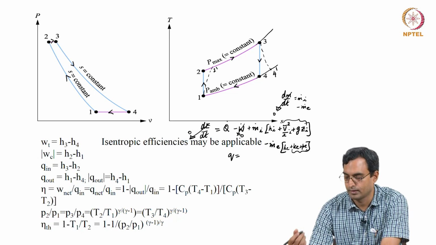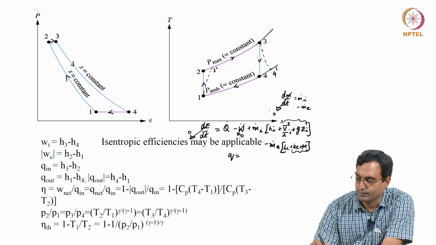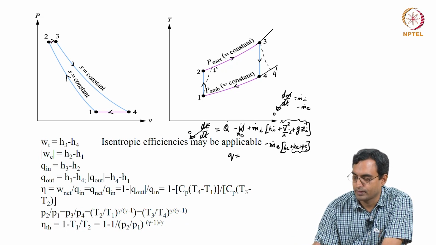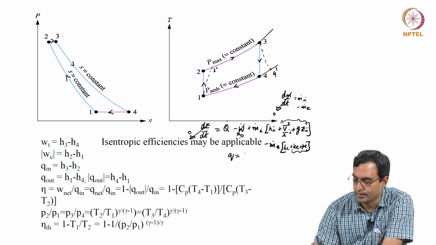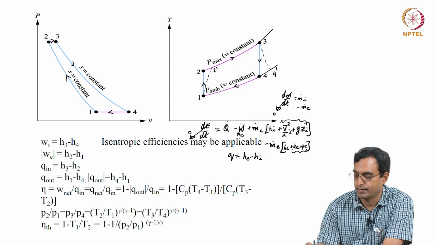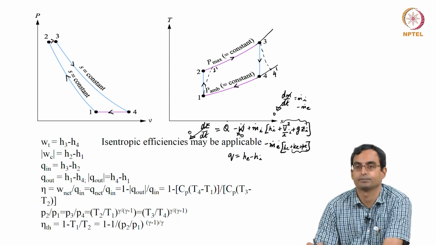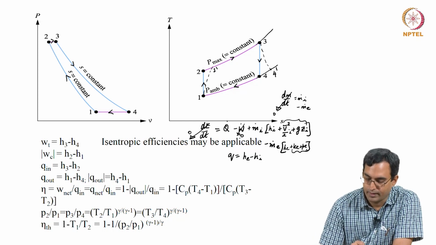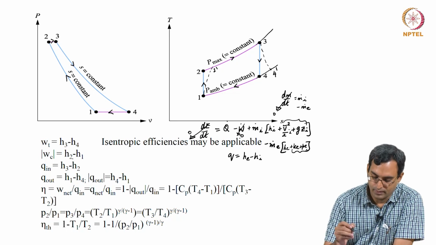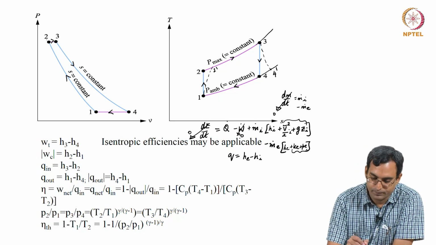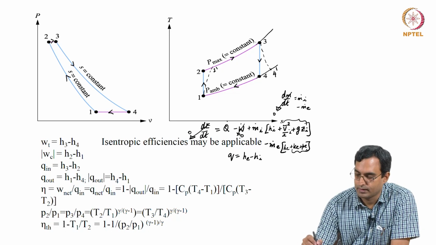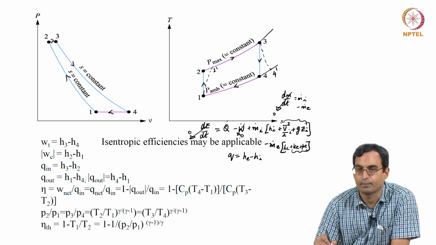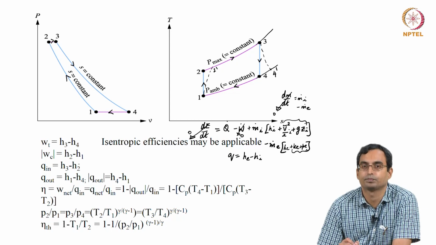We have been doing this several times, and if we divide by m dot, for the heat transfer, we see that this is essentially exit enthalpy minus inlet enthalpy, because these two go to the other side. So, the heat transferred in process 2 to 3 is essentially enthalpy at the exit minus enthalpy at the inlet, which is H3 minus H2.